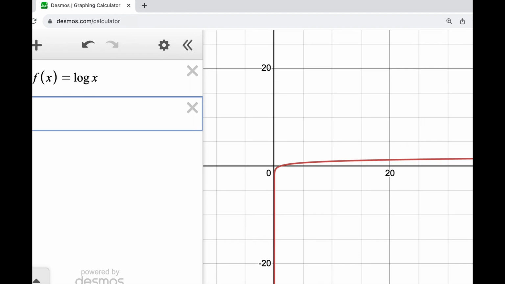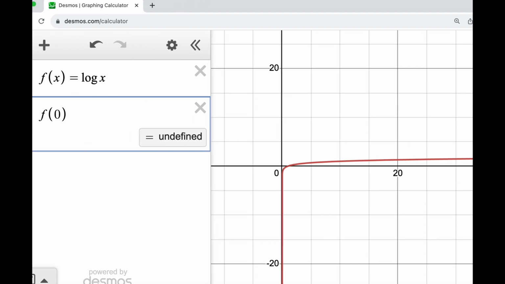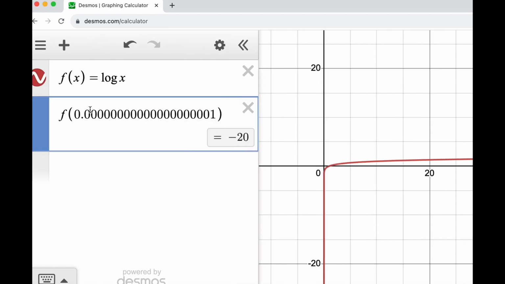And so if we try to do f of 0, we'll get undefined. But anything that's positive, even 0.001, would still give us an output. So even if we put a 1 in the 20th decimal place, that still gives us an answer.